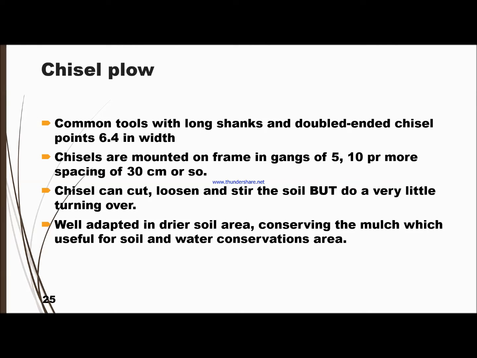Chisel can cut, loosen, and stir the soil, but with very little disturbance or turning over of the soil. And this is probably well adapted in drier soil areas, conserving the mulch, which is useful to preserve the soil as well as the water.